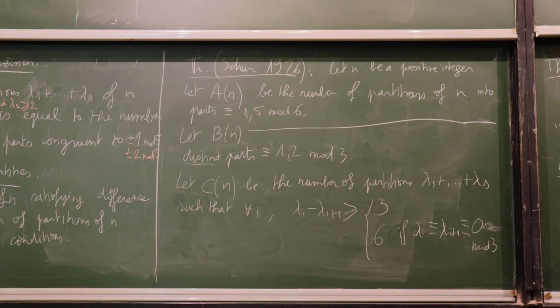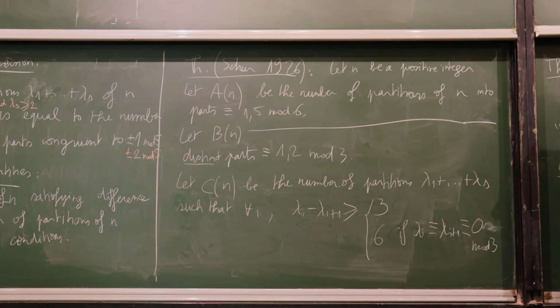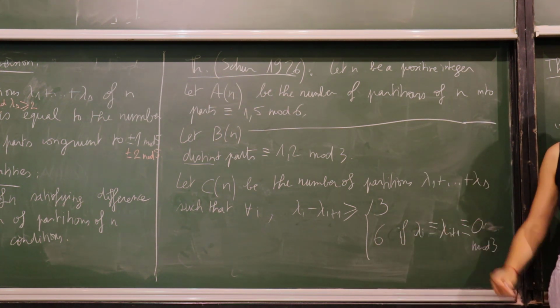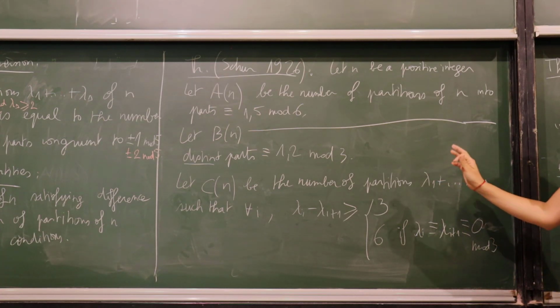Okay. Yes? Shouldn't we say that just lambda i plus 1 is congruent to 0 mod 3 and write 4 there, because this misses some cases? Why does it miss anything? Everything is included in the 3 already. Sorry, yes. It's 3 in general, and in particular it's even 6 if, yeah. But there are many different ways to write this identity.